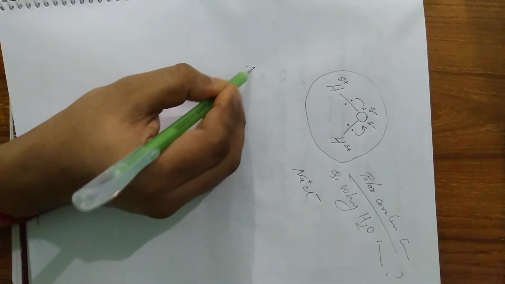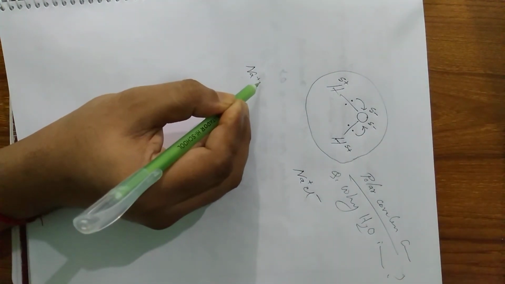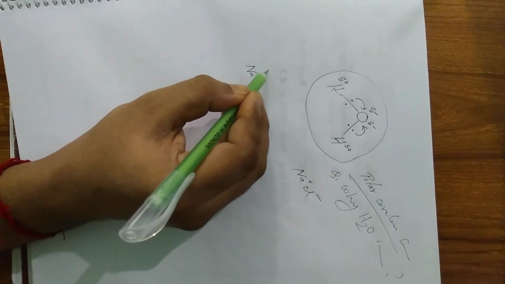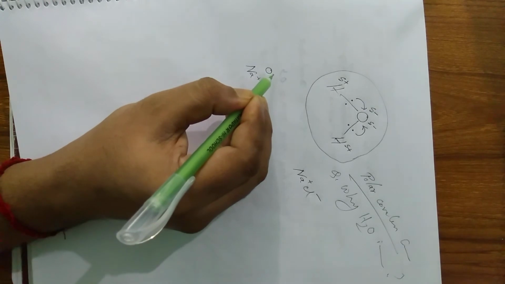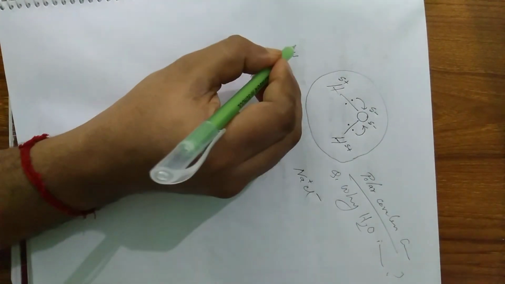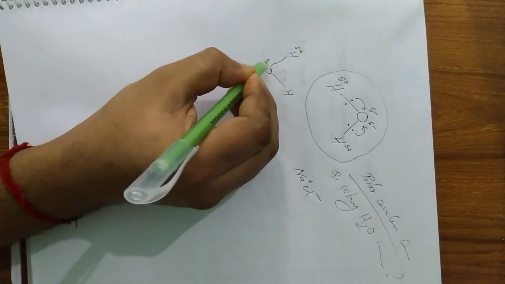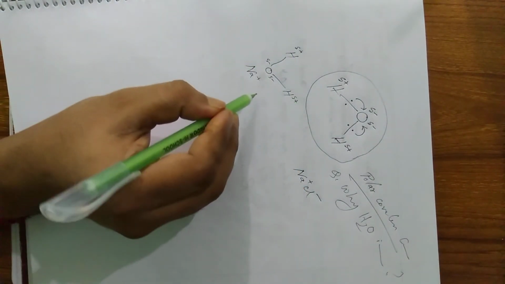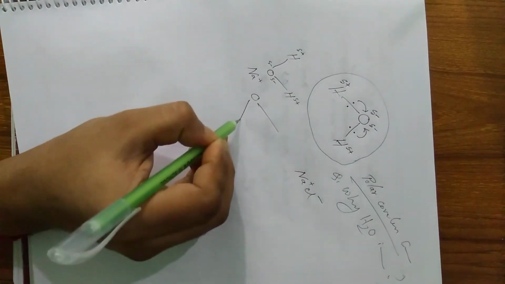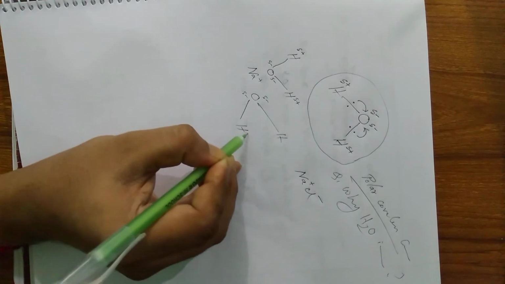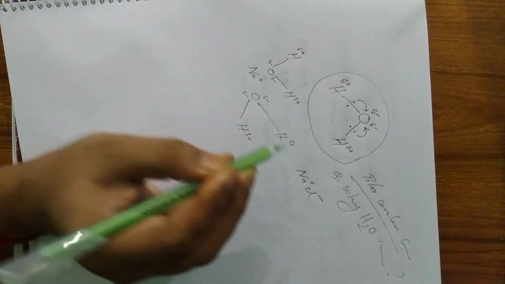So this positively charged Na plus is attached with the negatively charged part of another H2O molecule, negatively charged, positively charged.